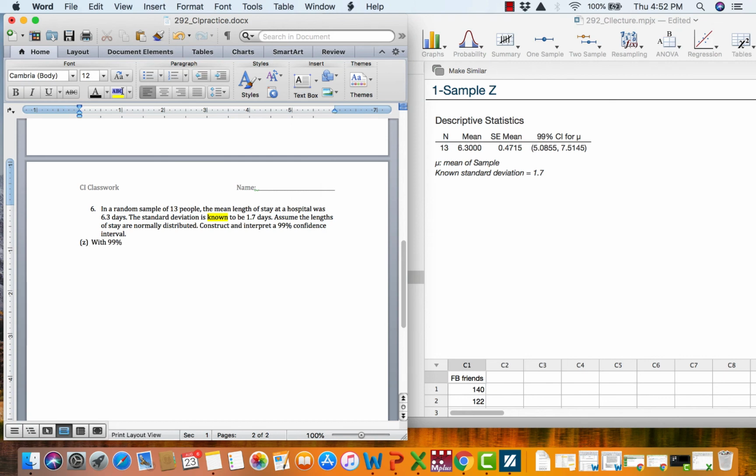So with 99% confidence, we can say the mean length of stay at the hospital for all people is between 5.09 days and 7.51 days. All right, so there's some practice with Z and T.